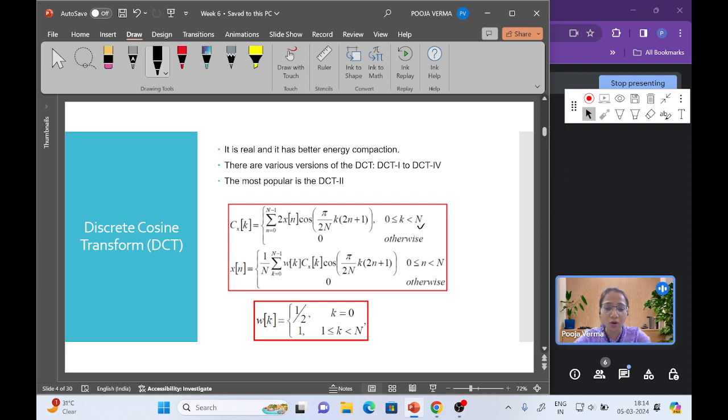And to find the inverse DCT, we get it from this formula: x(n) = 1/N summation k = 0 to N-1 of w(k) Cx(k) cos(pi/2N × k(2n+1)) for n varies 0 to N, and otherwise it is 0, where w(k) is 1/2 for k = 0 and 1 for k = 1 to N.